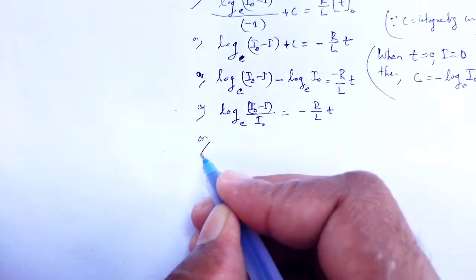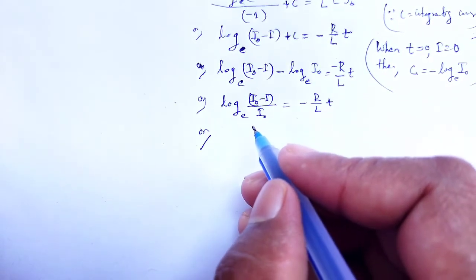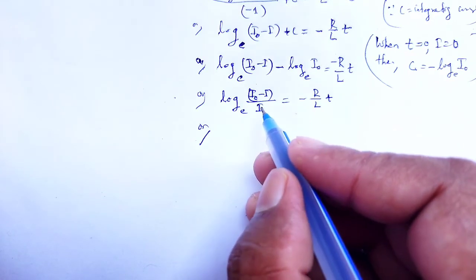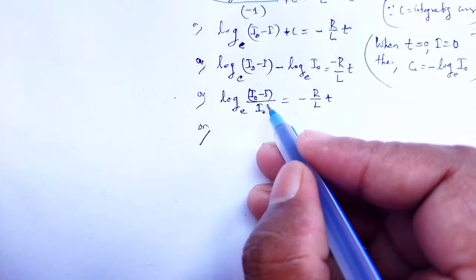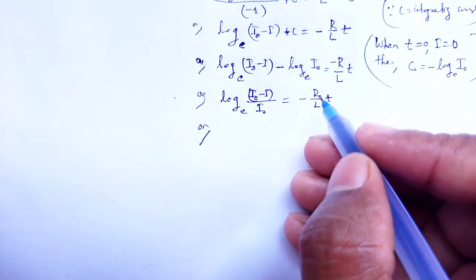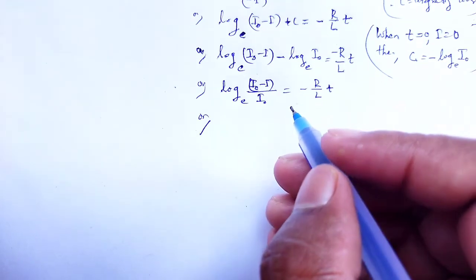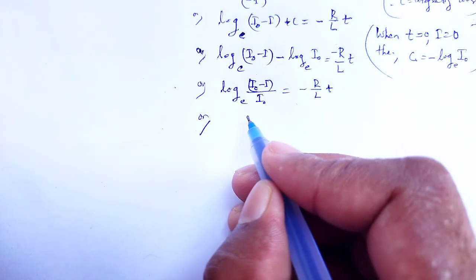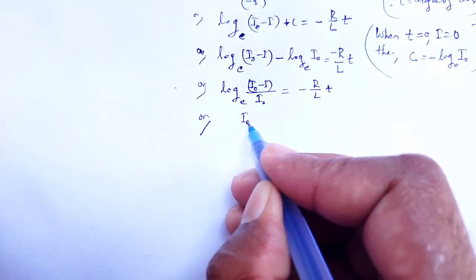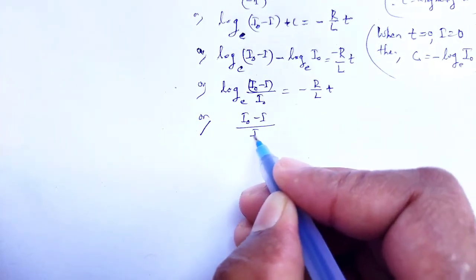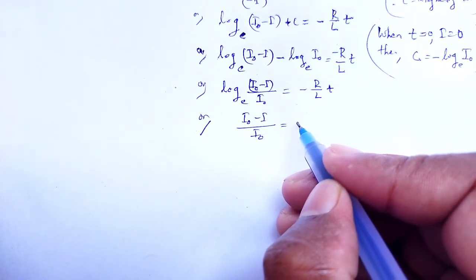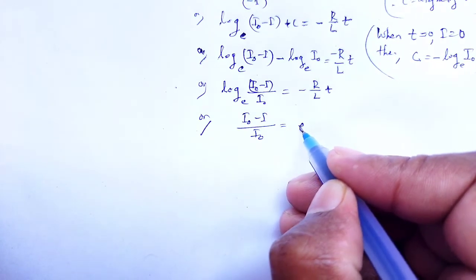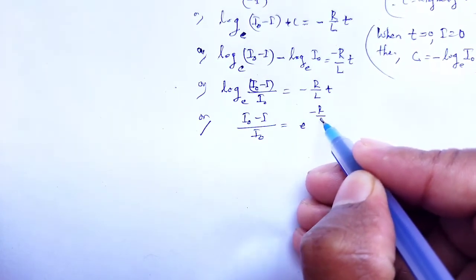Taking the anti-log, we have I naught minus I divided by I naught is equal to e to the power minus R by L into t.